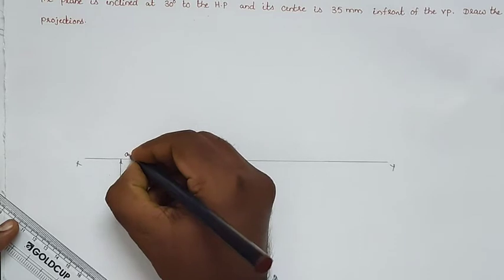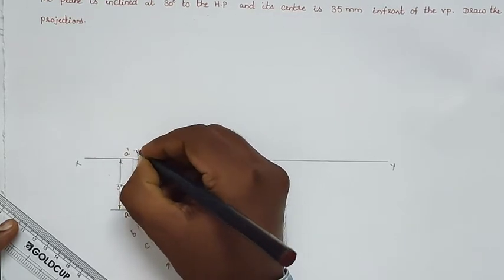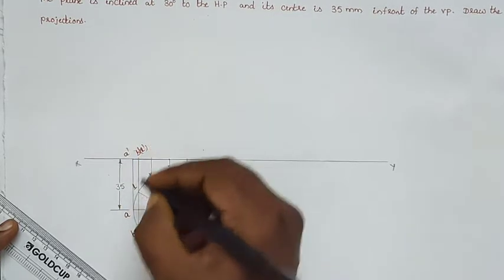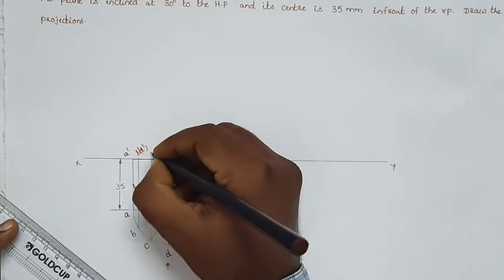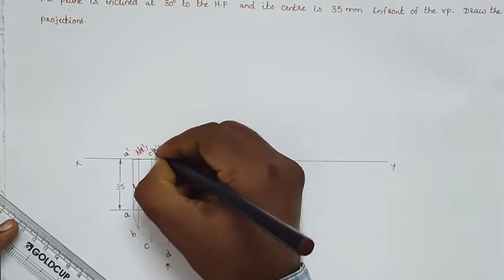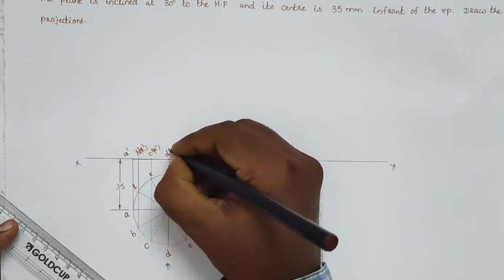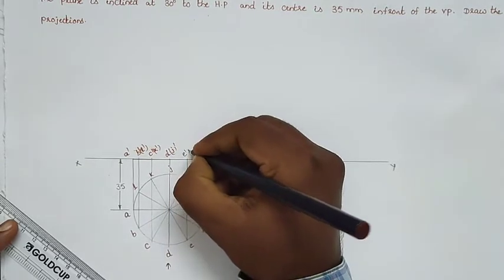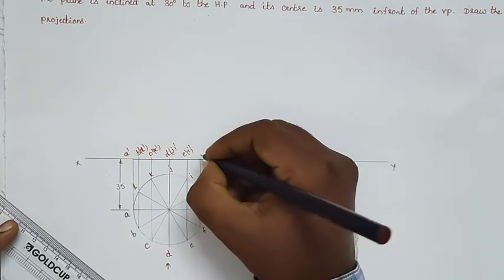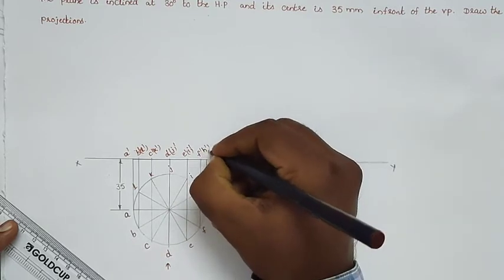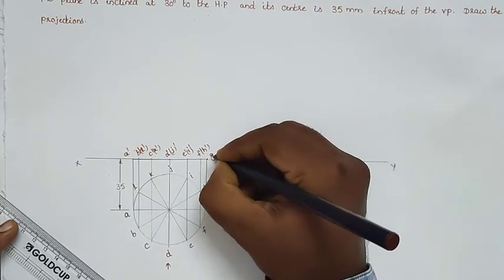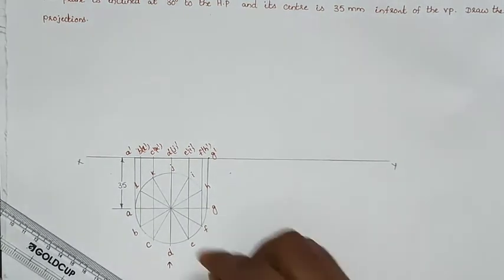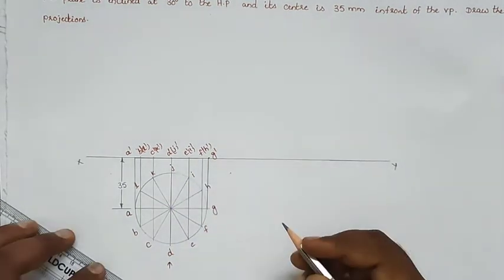Here we'll get A dash, here B dash and L dash. L is not visible. C dash, K dash, and D dash, J dash, and this is E dash, I dash and F dash, H dash, and here we'll get G dash. So this is our first front view and this is our first top view.